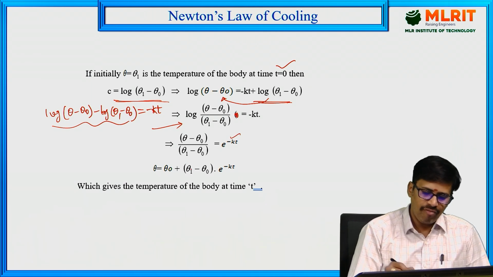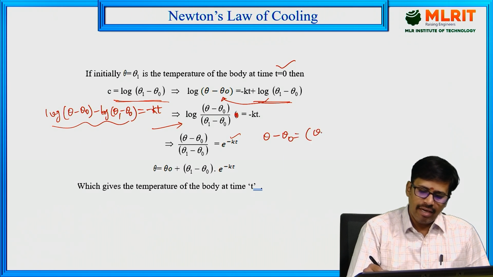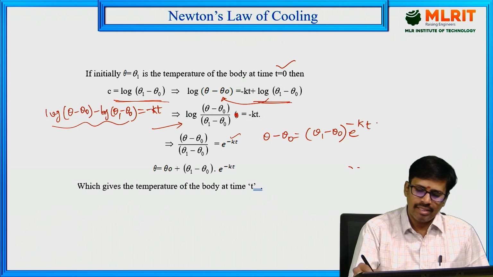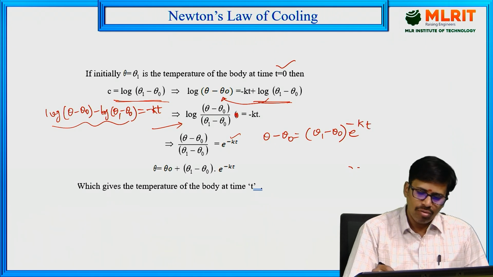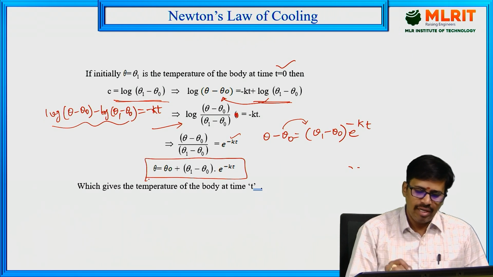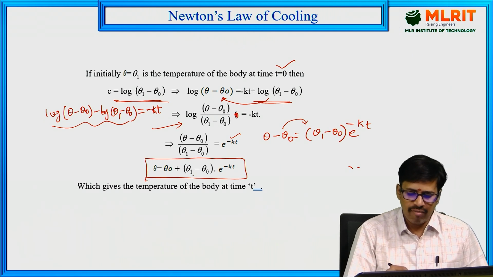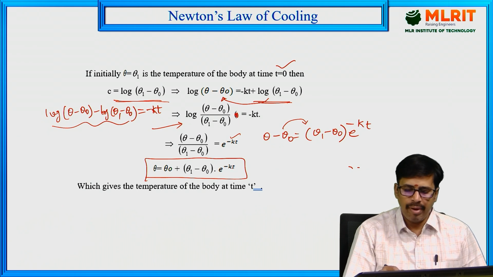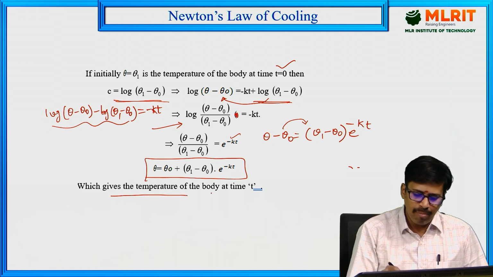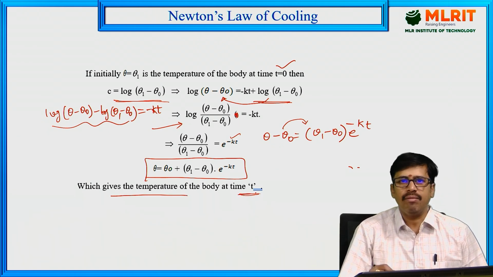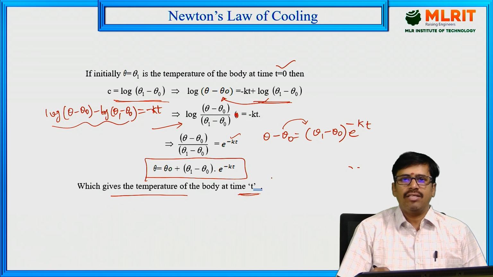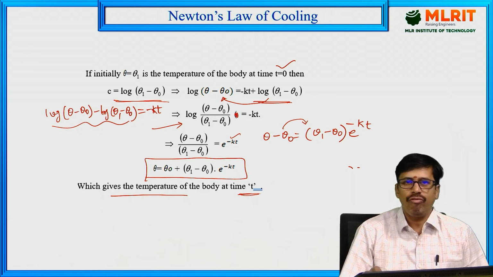So from this equation, theta minus theta naught can be written as theta 1 minus theta naught into e power minus kt. I want only the theta value, so take this minus theta naught to the right hand side. So this gives theta equal to theta naught plus theta 1 minus theta naught into e power minus kt. This gives the temperature of the body at any time t. We are interested in finding the temperature of the body at any time t. This is how we find it.